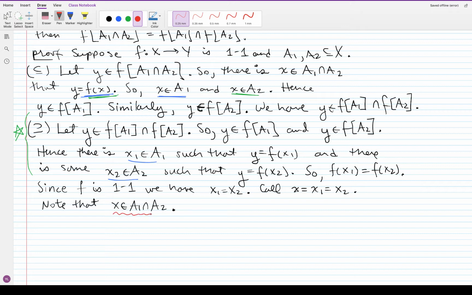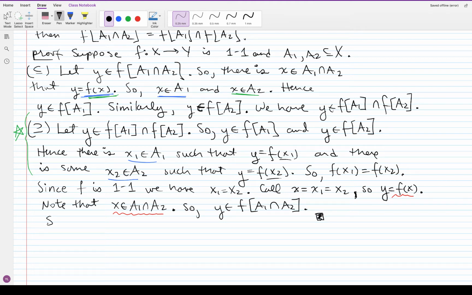I have that x is in A1 and A2, and just to be explicitly clear, y equals f of x here, because y is simultaneously f of x1 and f of x2. So I have that x is in A1 and A2, and y equals f of that x. So by definition, we have that y is in f of A1 intersect A2.